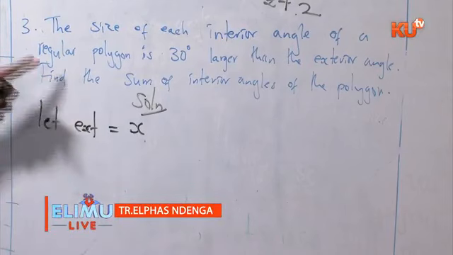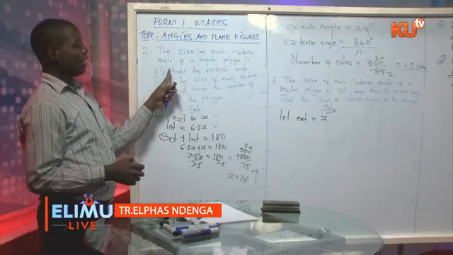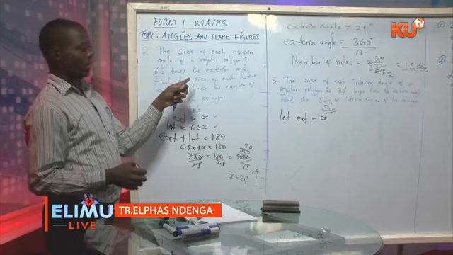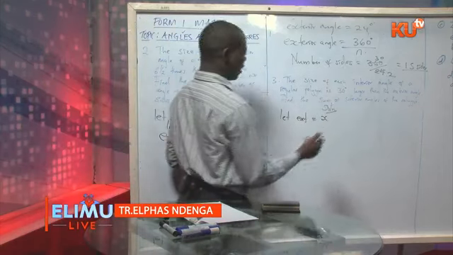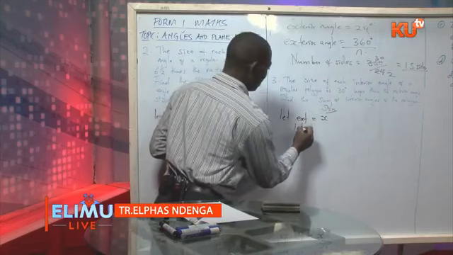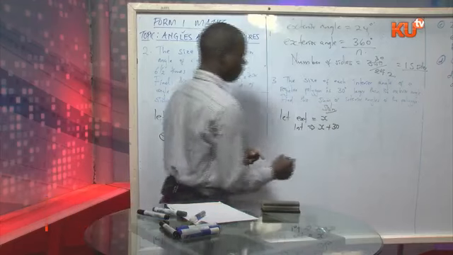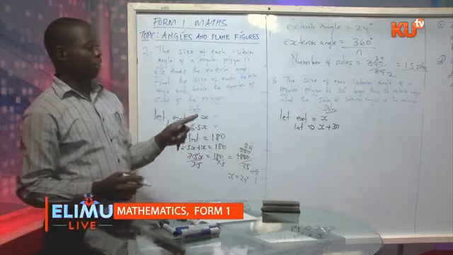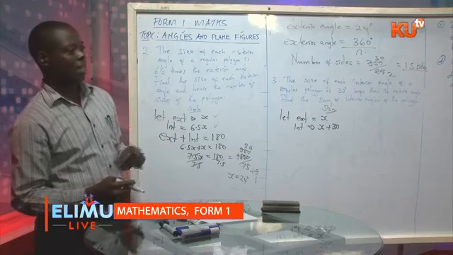If you compare question 3 and question 2, there is a difference. The interior here is 6.5 times the exterior, but here it is 30 degrees larger. So the interior will be x degrees plus 30 degrees. Do not be confused and write 30x. It is simply 30 degrees larger than the exterior.